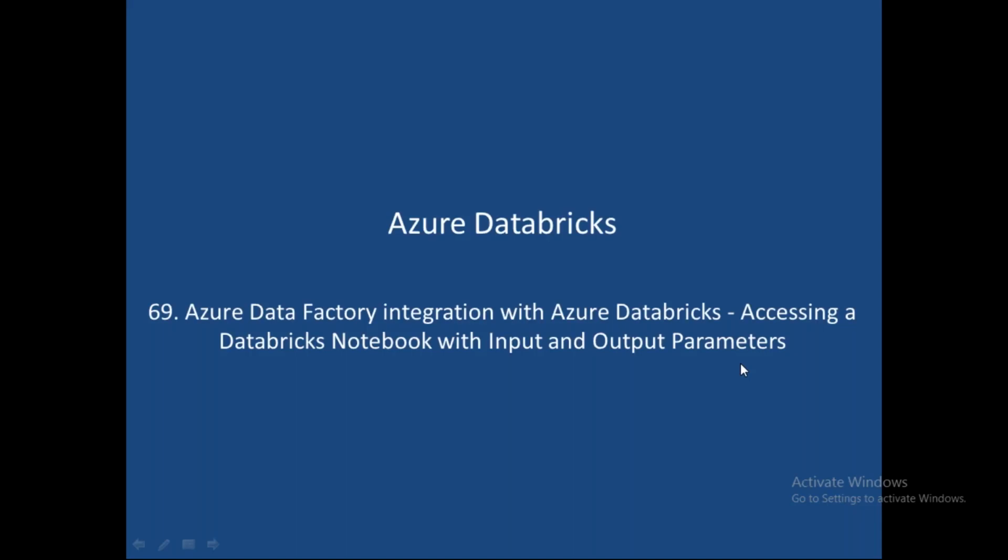Let's say I have written just 1 million records to my output folder. This is the message I want to return to my Data Factory, where we are calling this Databricks notebook. How you can return this output, all these things we will discuss.